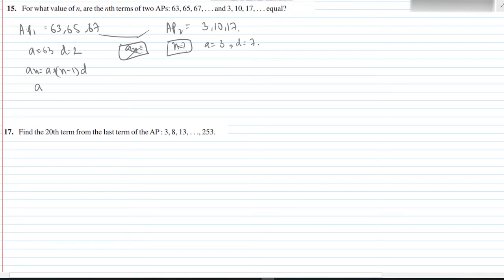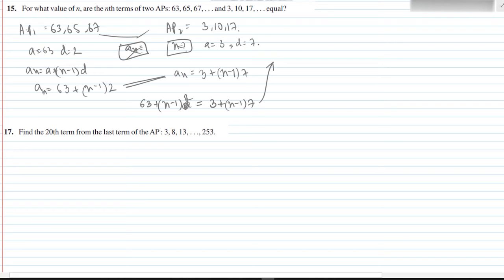So a_n is equal to 63 plus (n minus 1) times 2, and here a_n is equal to 3 plus (n minus 1) times 7. Both are equal, so 63 plus (n minus 1)2 is equal to 3 plus (n minus 1)7.